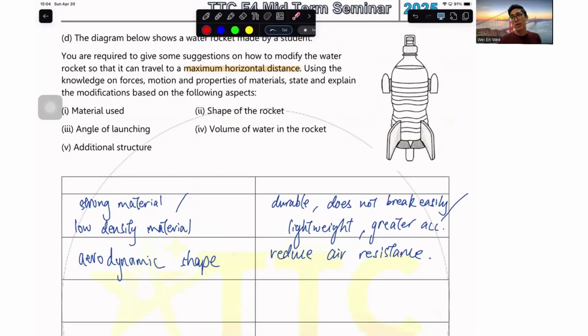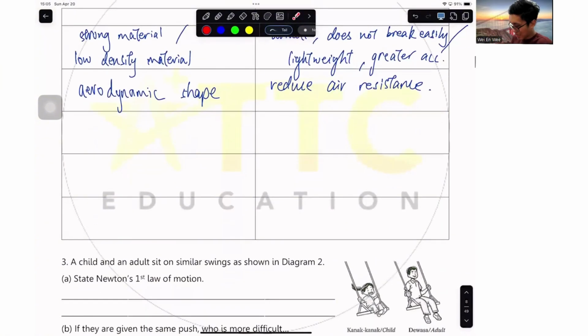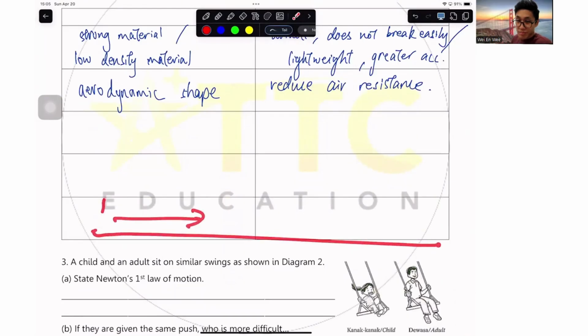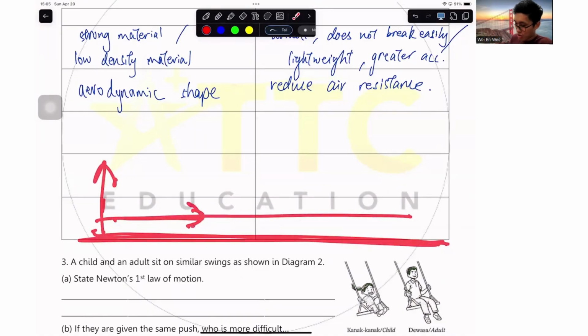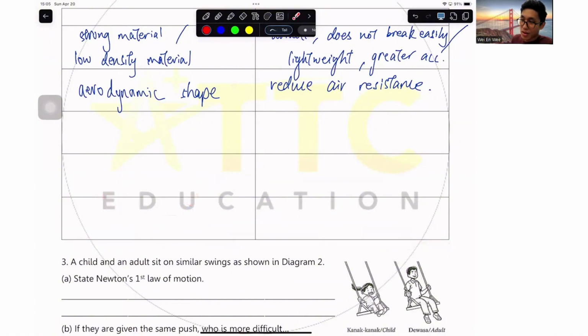Do I launch it horizontally, lying on the ground? If you want maximum height, then you launch up. Then if I want maximum horizontal distance, should I launch it like that? What's wrong with launching it like that? Why can't I launch it horizontally to get the maximum horizontal distance?